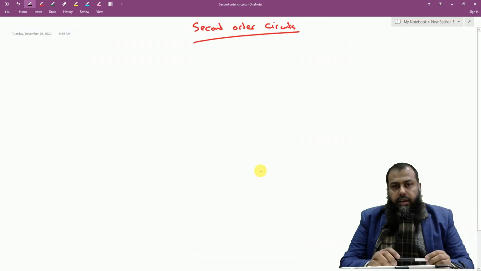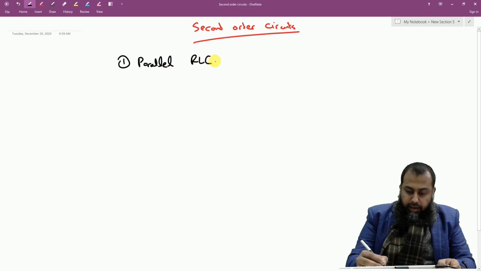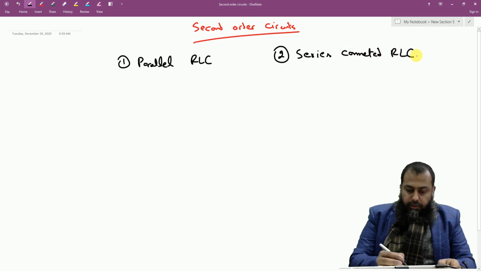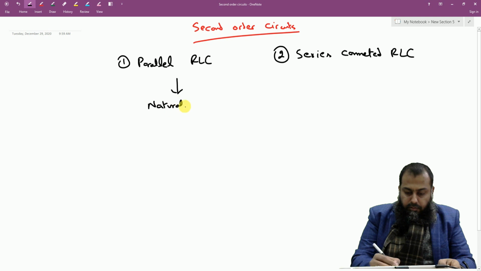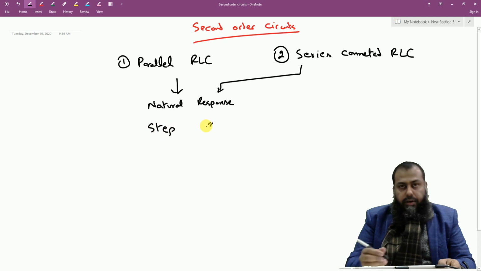Our discussion shall be strictly on two simple structures. First we will see the parallel connected RLC, and then we will study the series connected RLC. These parallel and series connected RLC circuits will be tested in terms of the natural response, and afterwards we shall also look into the step response of these circuits.